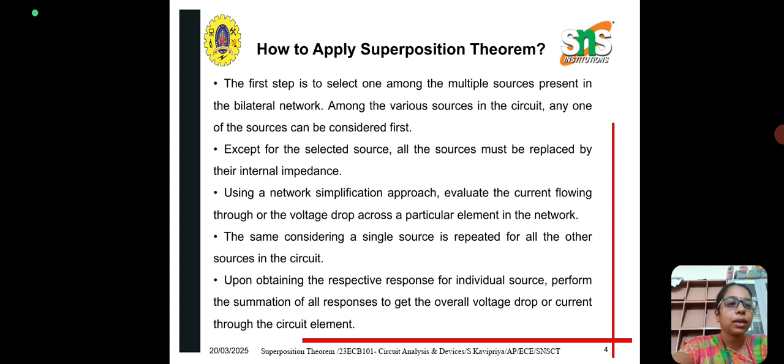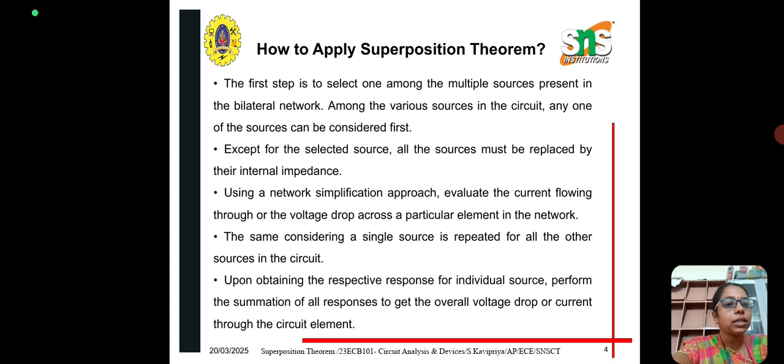And next is how to apply the superposition theorem. The first step is to select one among the multiple sources present in the bilateral network. Among the various sources in the circuit, any one of the sources can be considered first. Except for the selected source, all the other sources will be replaced by their internal resistance. Using a network simplification approach, we can calculate the voltage available at a particular element or the current flowing through the particular element.